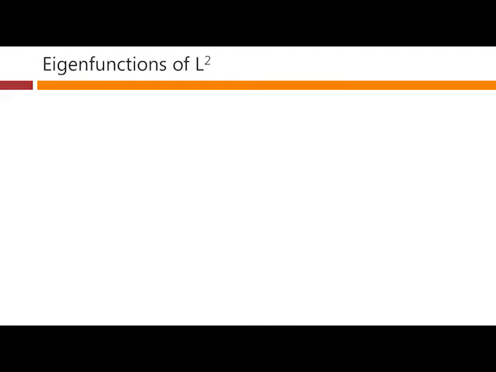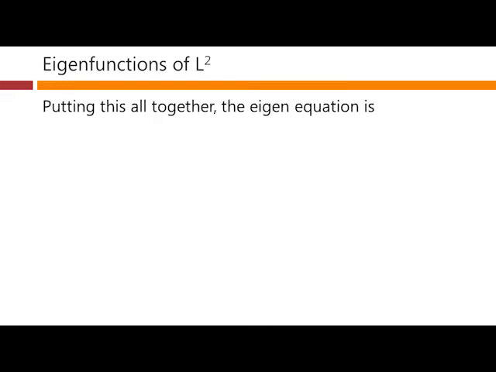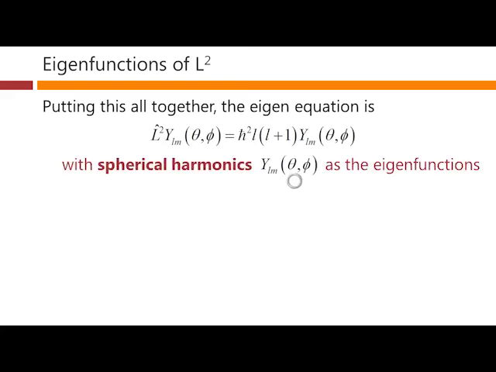So the eigenfunctions of L squared then, putting all this together, our eigenequation was this equation then. And we figured out that the L here has to be this integer that goes from 0 on up for positive values. And these functions, Y_L^m of theta and phi, are known as the spherical harmonics.